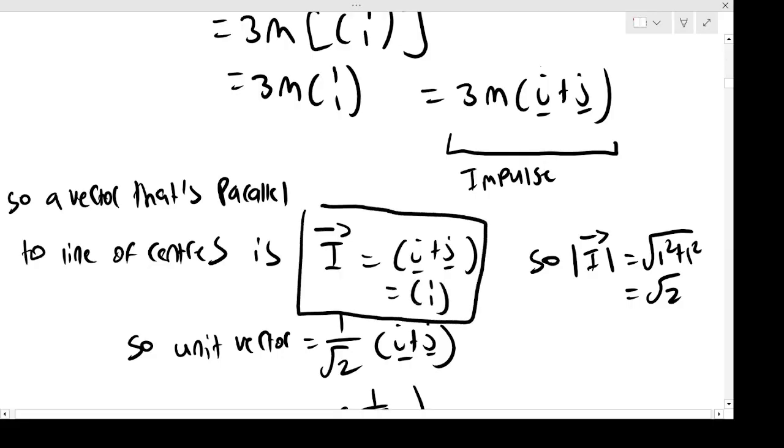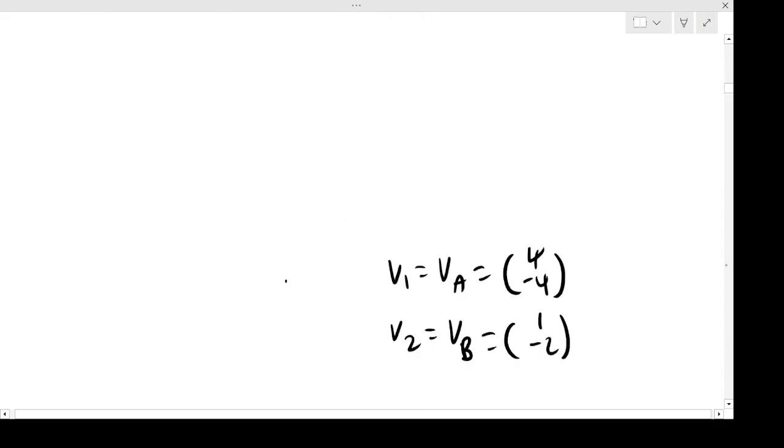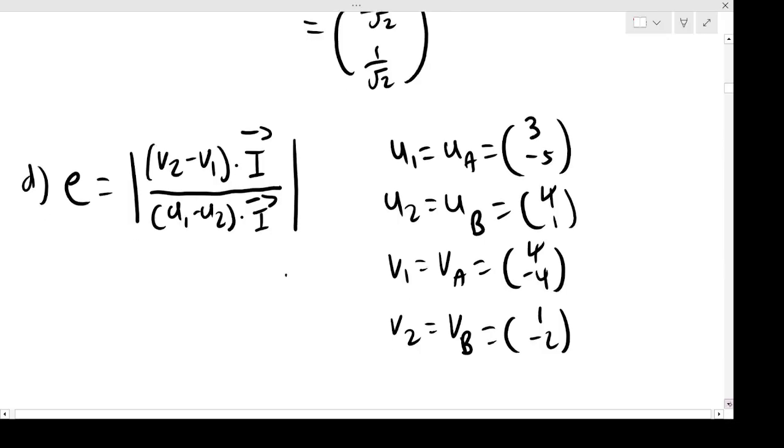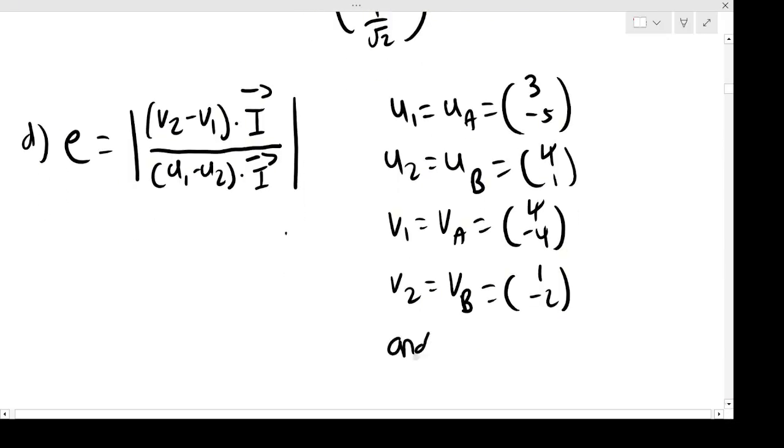So what I need is essentially a vector representing the impulse. So I hat is 1, 1, which is a direction vector for the impulse.